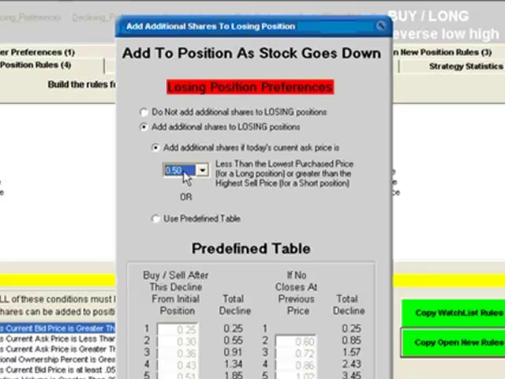So in this case, we're saying if the stock drops 50 cents, we want to add more, but again, these rules have to all pass. If the rules pass and the stock drops 50 cents from our last purchase price, then you will buy additional shares. I'm going to go ahead and put the predefined table on and let it go by this table.